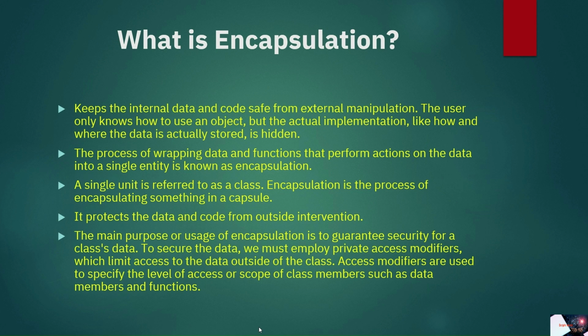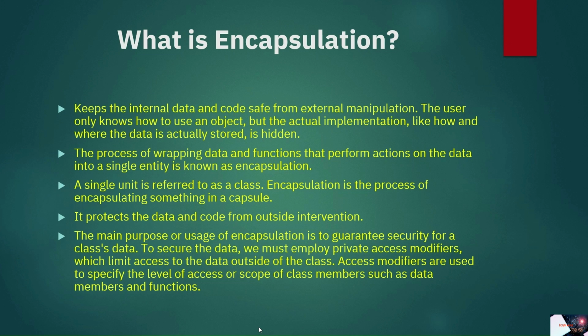Encapsulation is the process of encapsulating something in a capsule, as we have seen in the picture. It protects the data and the code from outside intervention. The main purpose of encapsulation is to guarantee security for a class's data.